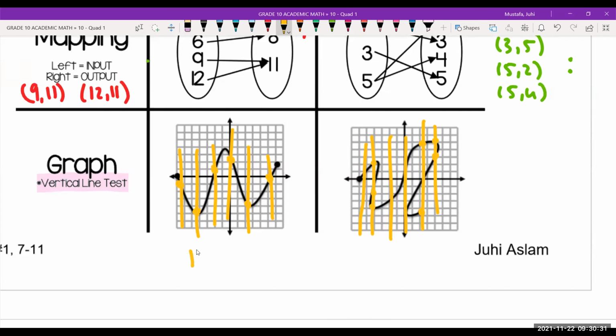That means this graph is not a function because it fails the vertical line test. When you pass your line through, it crosses the graph at multiple places. It basically means that over here, you have 2 values on top of one another, and we're not allowed to have that. So that means it's not a function.